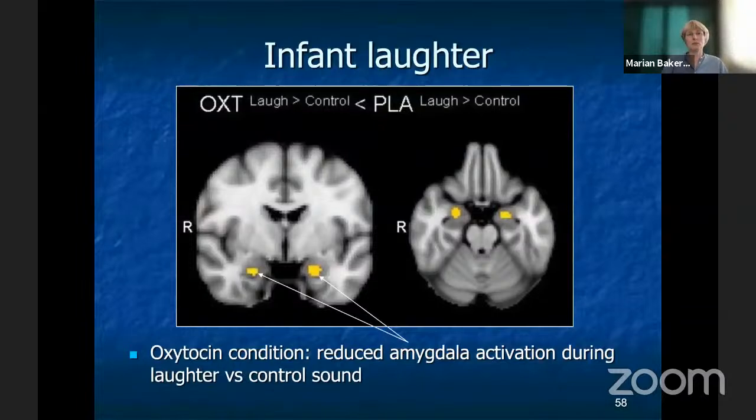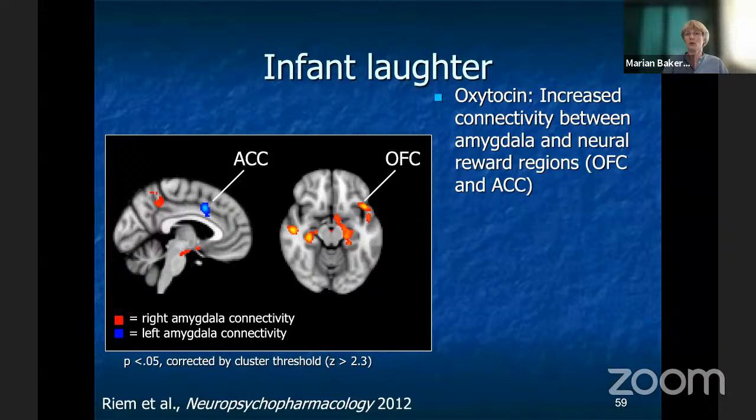The difference between laughter and control sounds when we compared the oxytocin condition to the placebo condition was that in the oxytocin condition, there was reduced amygdala activation during laughter versus a control sound. But oxytocin also increased the connectivity between the amygdala and the neural reward regions, the OFC and the ACC.